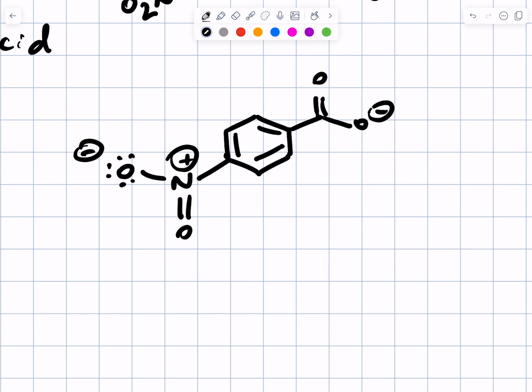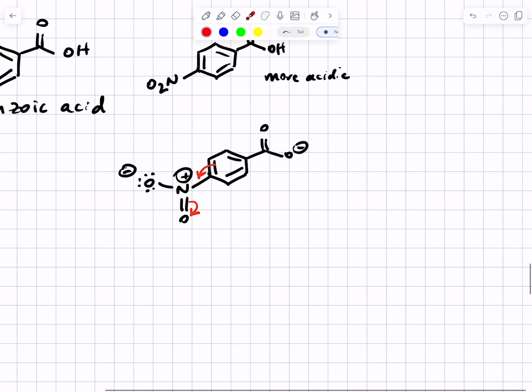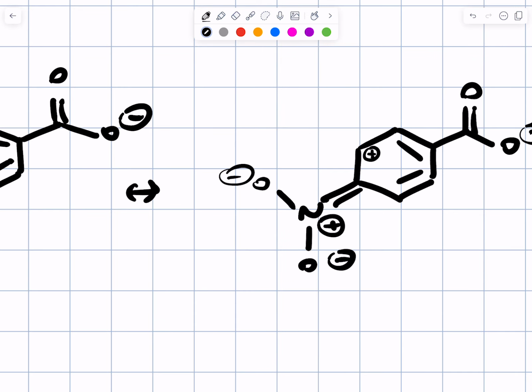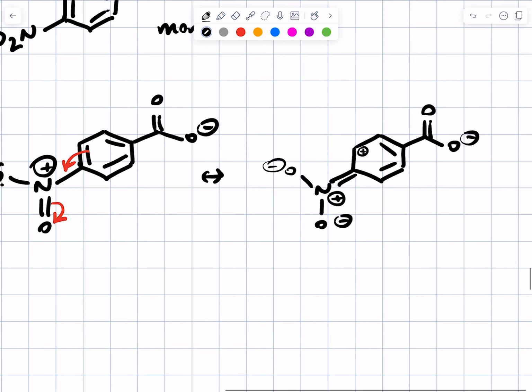When that's true, I can draw a resonance structure where I break the bond between the nitrogen and the oxygen, move the pi bond out onto the oxygen as a lone pair, and then move this pi bond from the benzene ring out to form a new carbon-nitrogen pi bond. So let's draw that resonance structure. And there's a positive formal charge on this nitrogen in the ring.